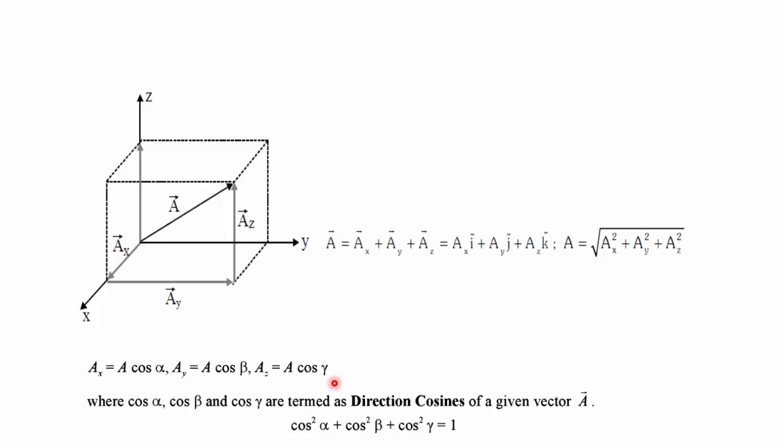So cos alpha, cos beta, cos gamma are called the direction cosines, and the relation is cos square alpha plus cos square beta plus cos square gamma equal to 1.